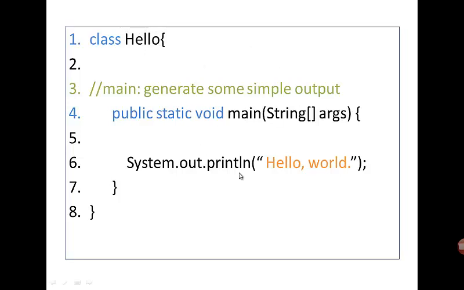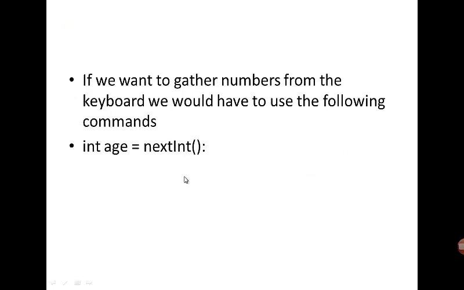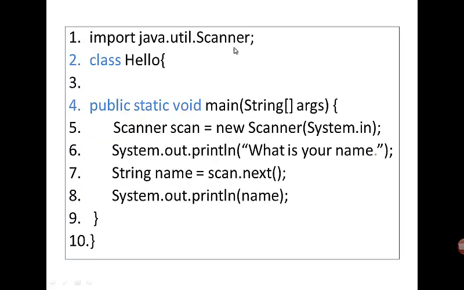But if I want to do some more complex things, I would need to make sure I know what class to import so that I could do that. And so here, the Scanner class allows us to interact with the keyboard. It has a definition that tells the computer how to access data from the keyboard.